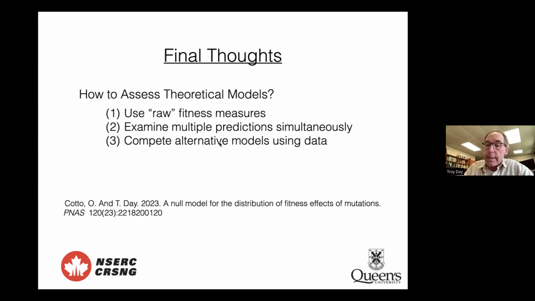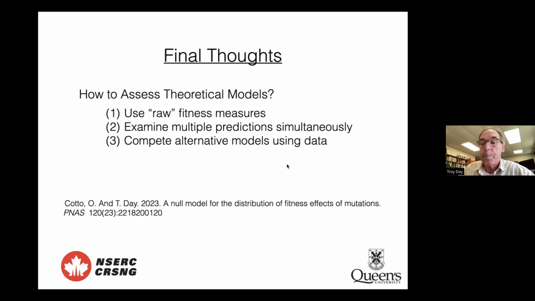I mean, in a sense, that's what I've done here, although I've done it only visually. I've competed the Fisher model against the null model by just seeing how well they can describe these things.